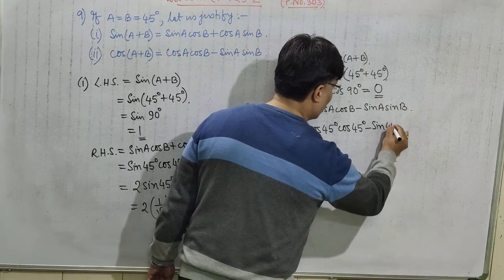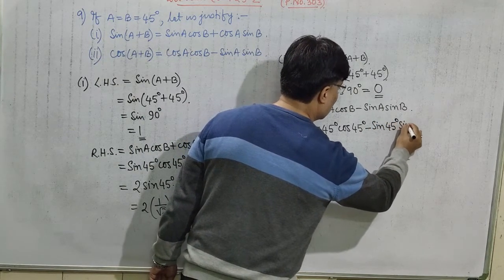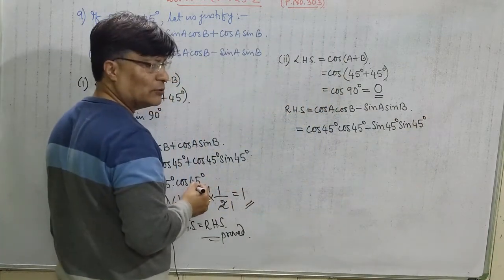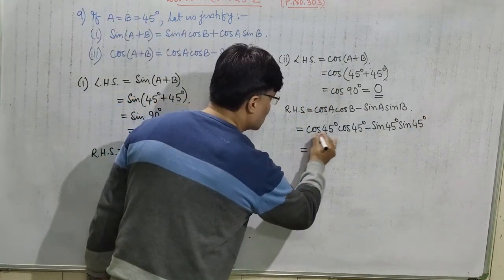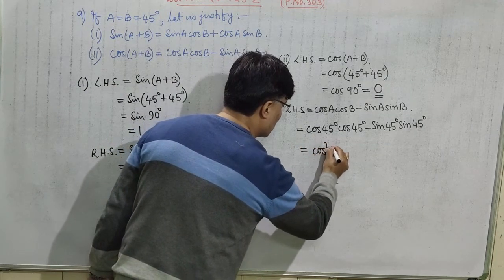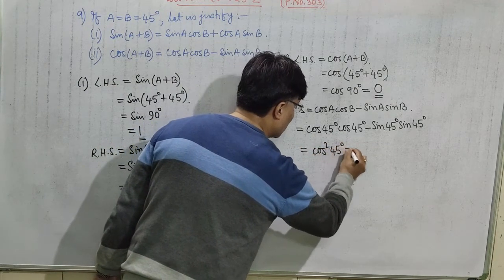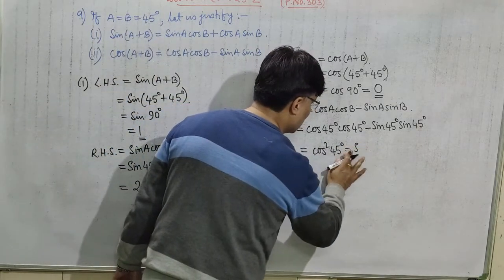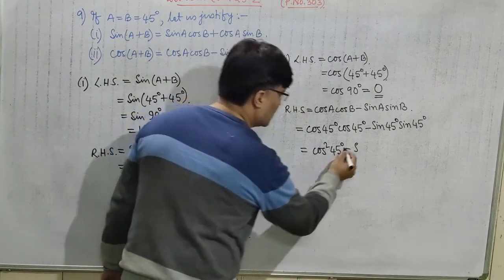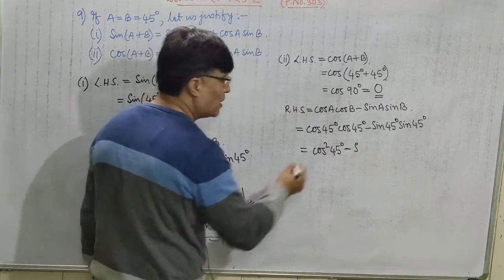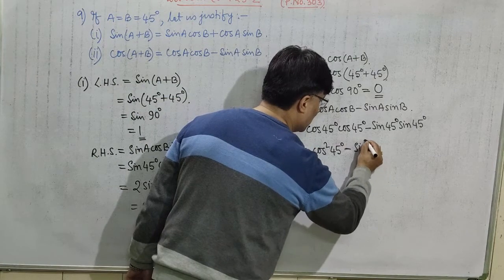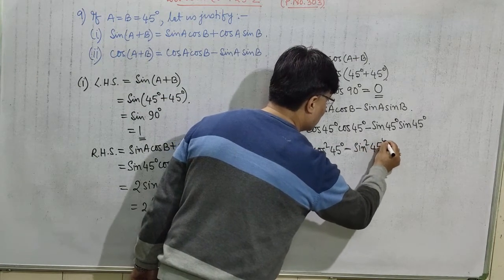It is sin 45 degrees, and here B is also 45 degrees. Is that clear now? So cos 45 into cos 45 is cos square 45 degrees. Sorry, this is only a minus sign here. What is sin 45 into sin 45? Sin square 45 degrees.